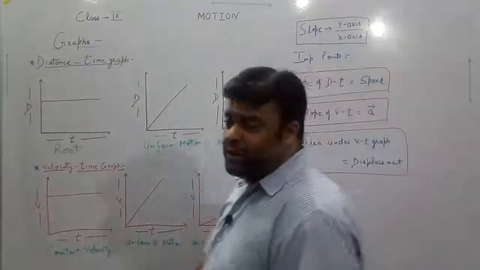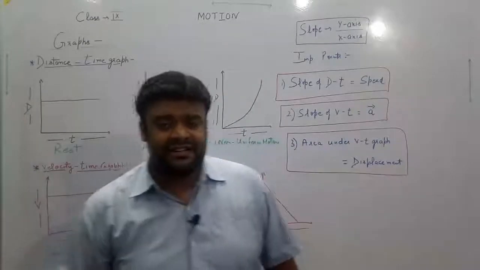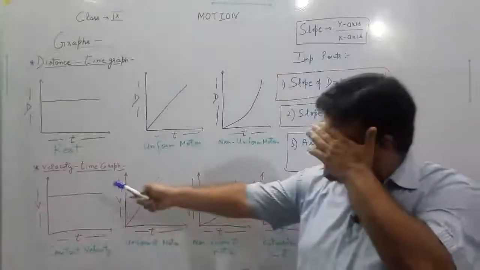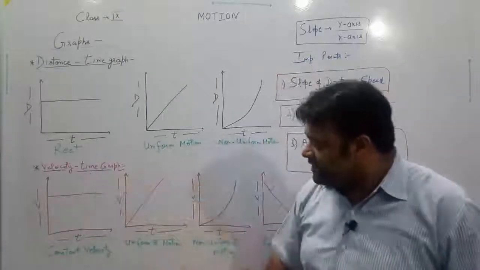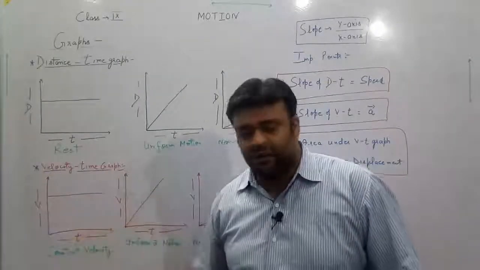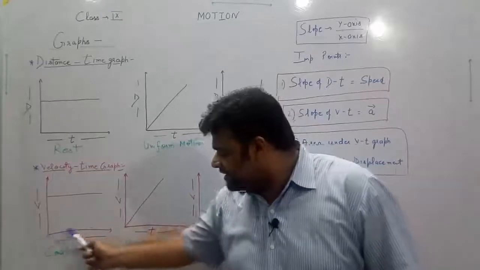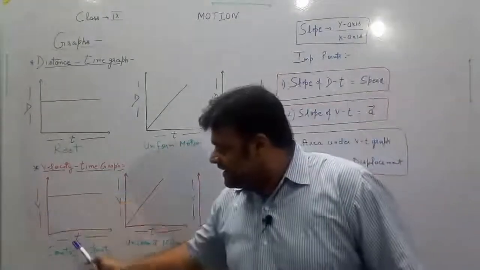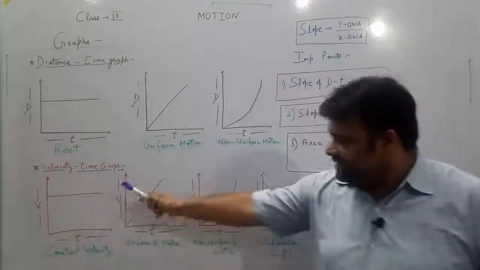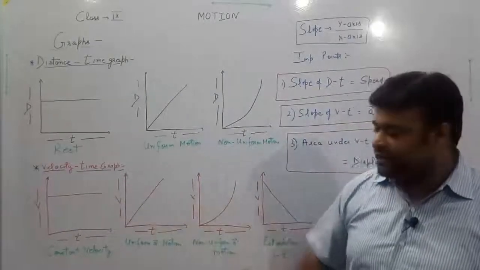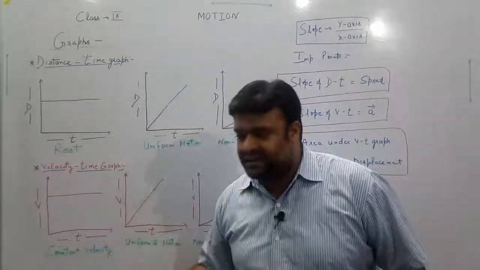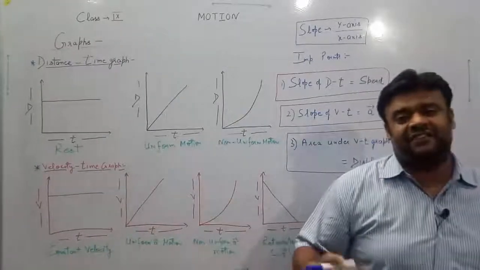The second type of important graph we have to discuss here is the velocity time graph. A velocity time graph is a type of graph in which on one axis velocity is represented and on the other axis time is represented. Now in a VT graph, if it is a straight line parallel to the time axis, it shows the condition of constant velocity.